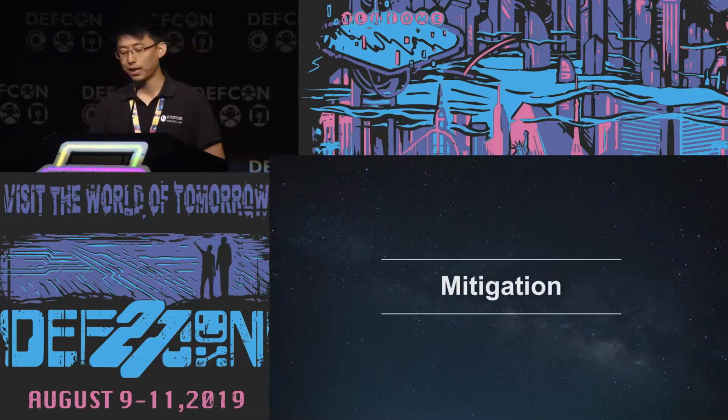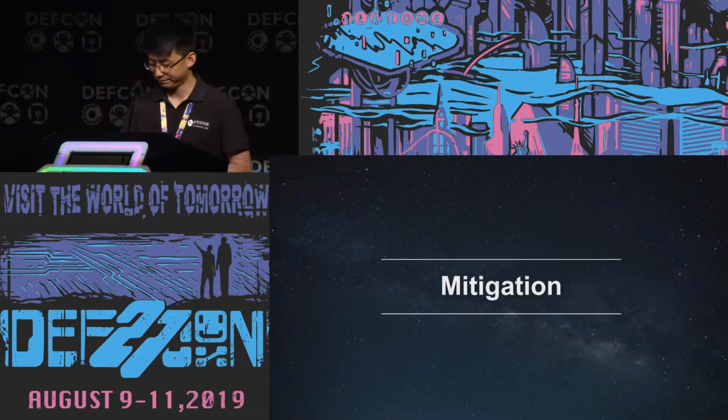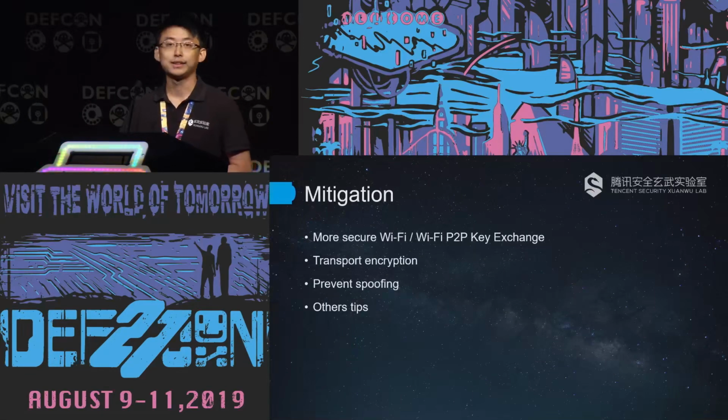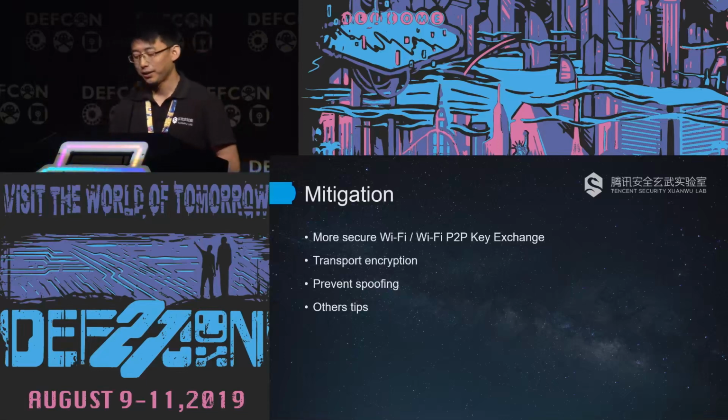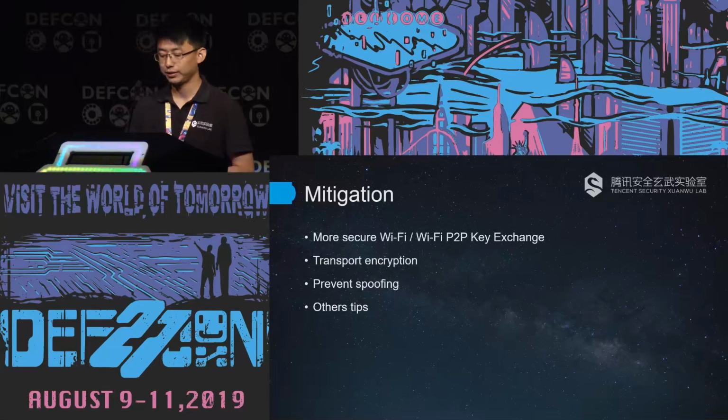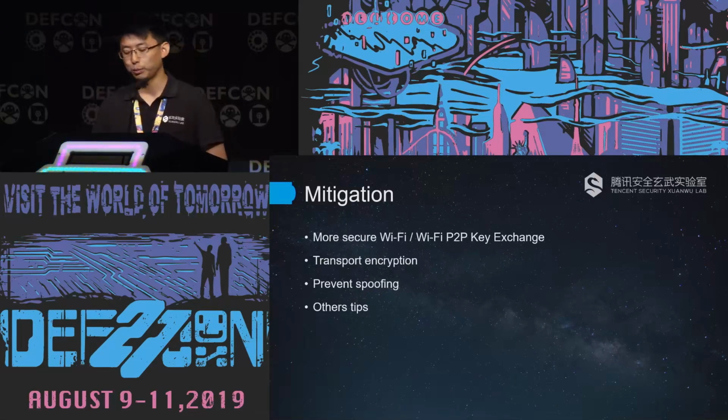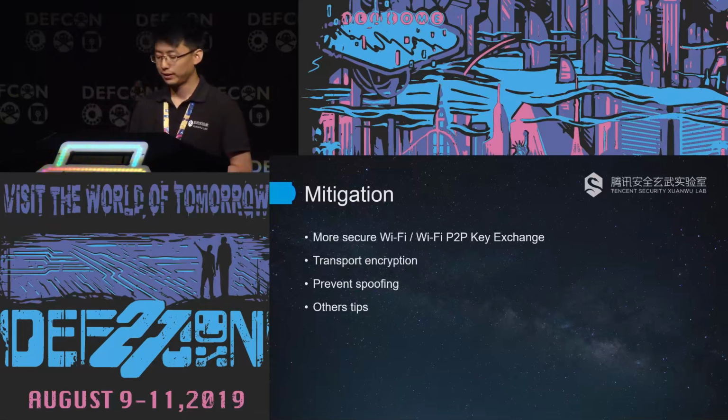Finally, let's talk about the mitigation. This is our four pieces of advice about mitigations. First, we need more secure Wi-Fi and Wi-Fi P2P key exchange. Second, we need transport encryption. Third, it must be designed to prevent spoofing.